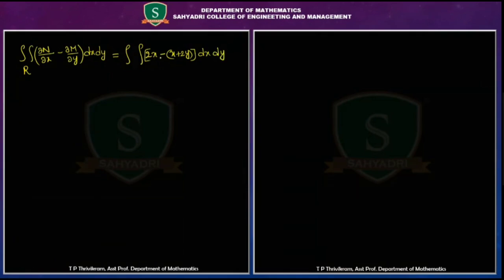Okay, so now we need to write the limits for this. To find the limits, first let us simplify the integrand. This is over a region R. So 2x minus x, you'll get x minus 2y, dy. Now I have to write the limits.